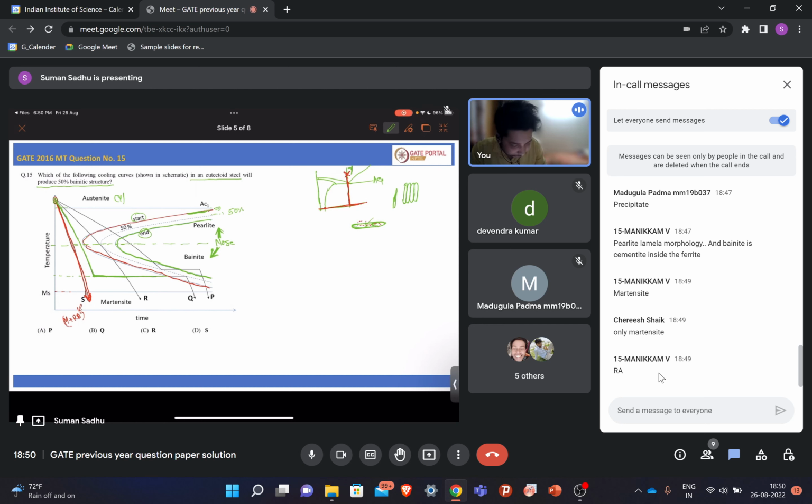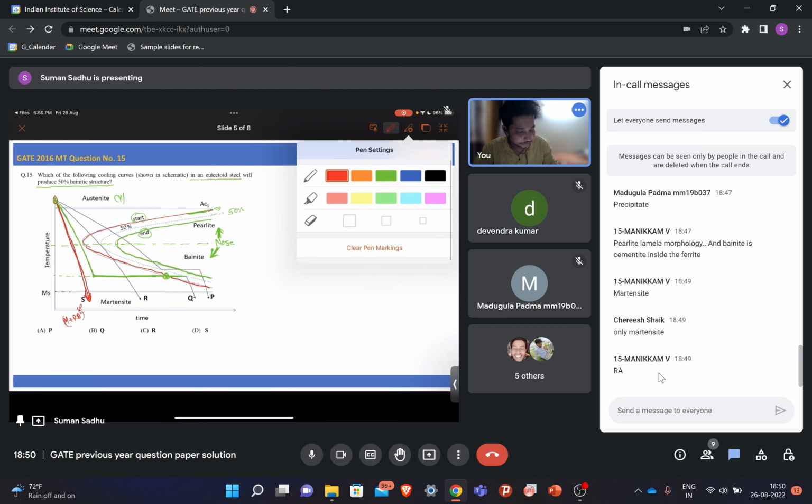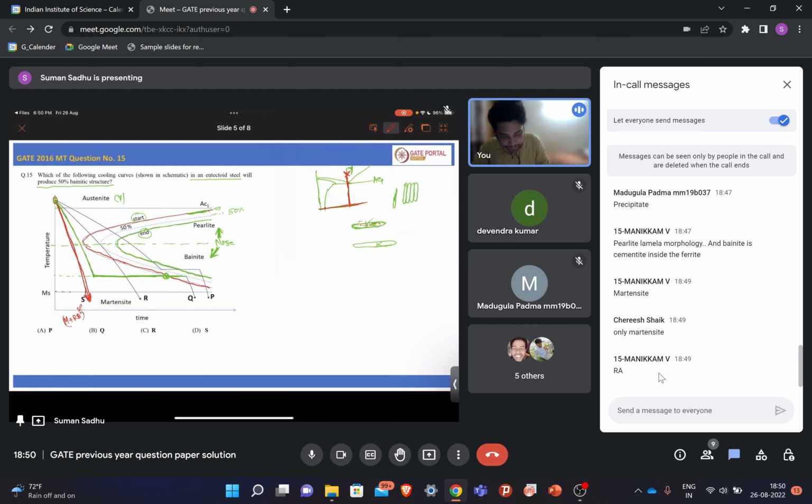Now, as soon as it is touching this curve, that means transformation is starting from this point, and we are holding it further. Let's say when we quench that, it will be a mixture of retained austenite and supersaturated alpha. So now, when we are holding it, what is happening at this point? The carbon started precipitating out. Depending on this temperature, the morphology might be different.